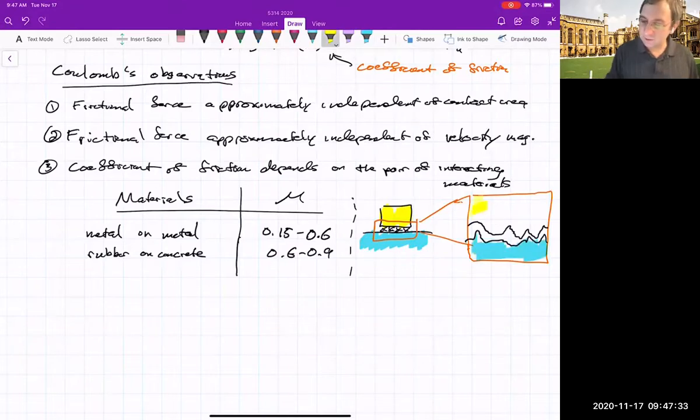As you're dragging one material across the other, because this bumpiness of surfaces tends to be roughly statistically the same, that's why you get this independent of contact area situation. So it gets stuck, but gets stuck at kind of a constant rate. And those who study this in detail, the tribologists, would know more about that, because I think there are situations where you do have to consider the contact area.